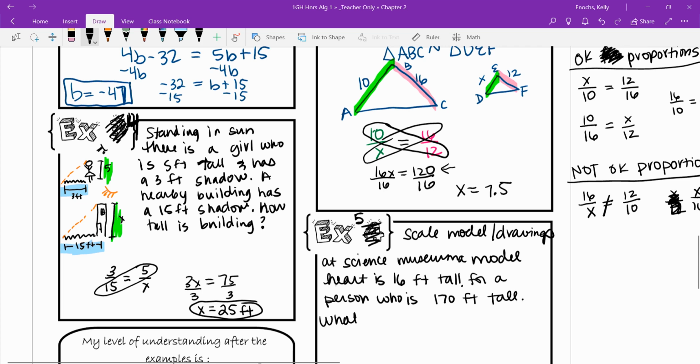What size heart does a man who is 6 feet tall have?